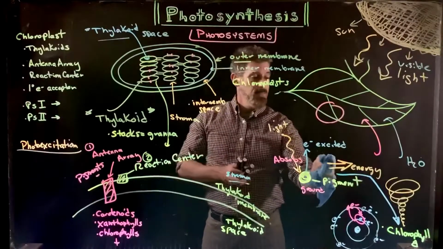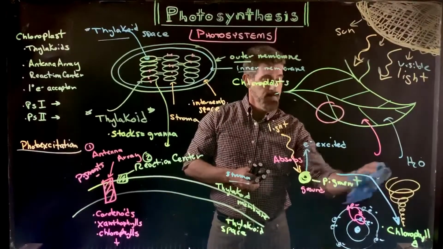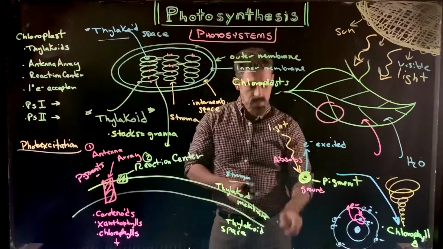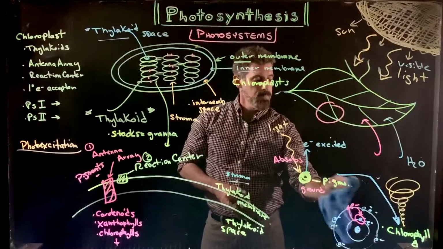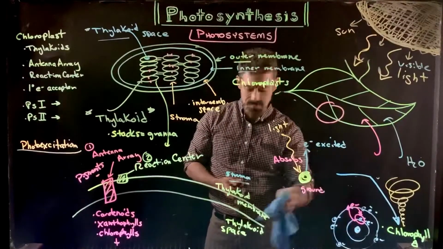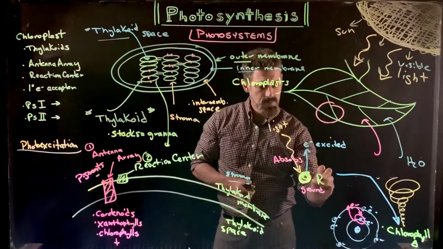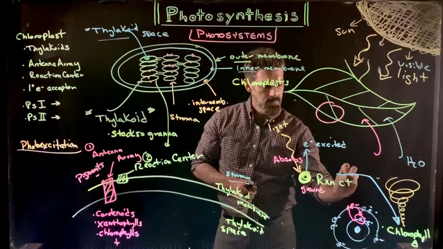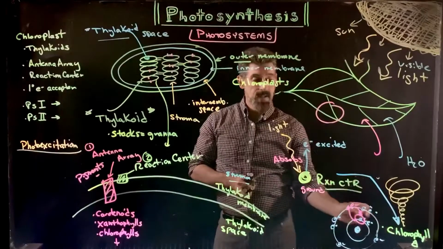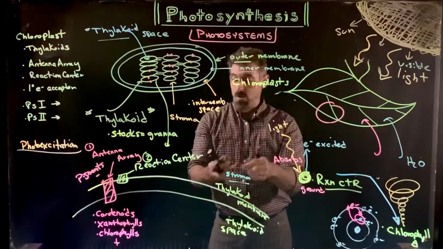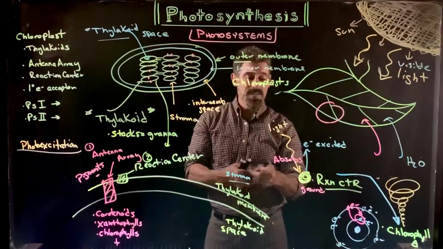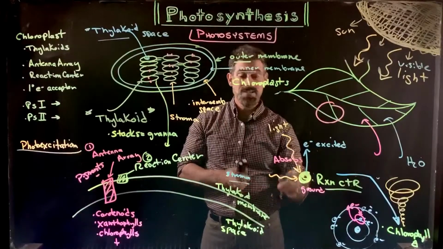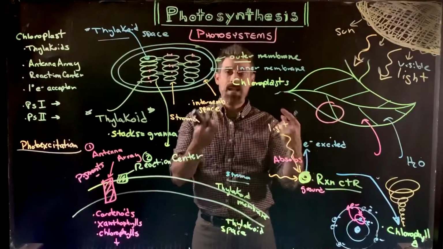The energy, instead of being shuttled on, if this is not just any old pigment, but if this happens to be the reaction center chlorophyll A, when the energy from all these other electrons arrives, okay, so it's not electrons themselves, it's energy from them.